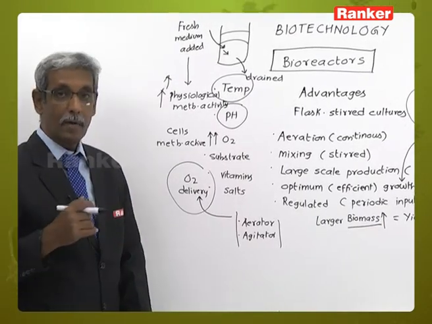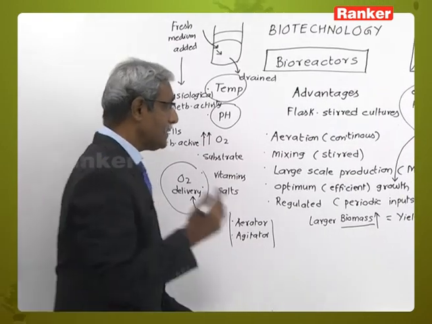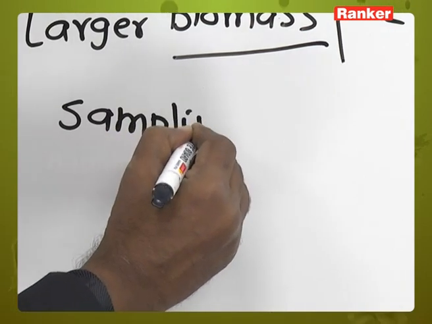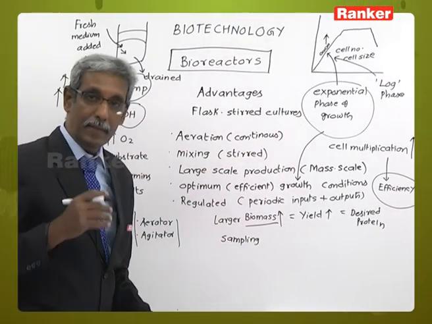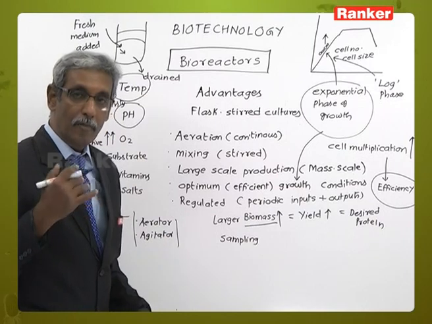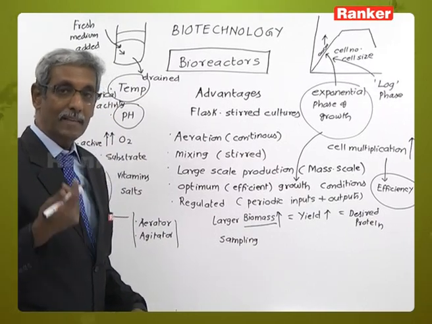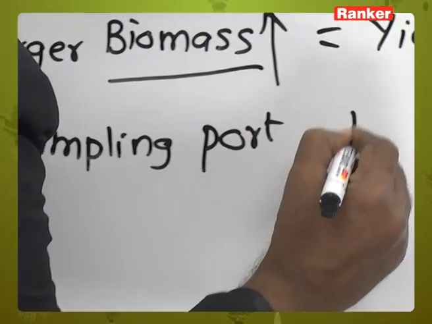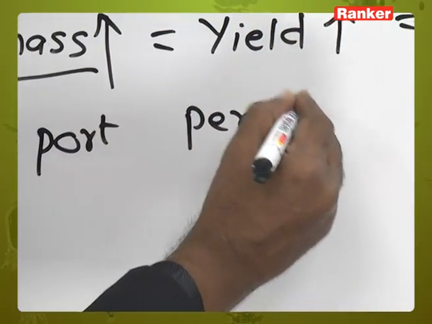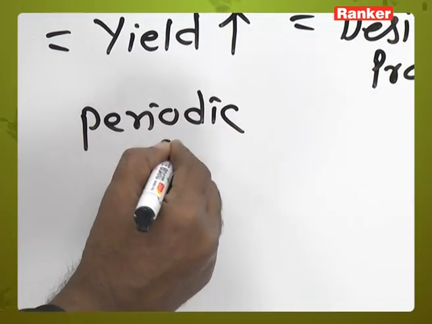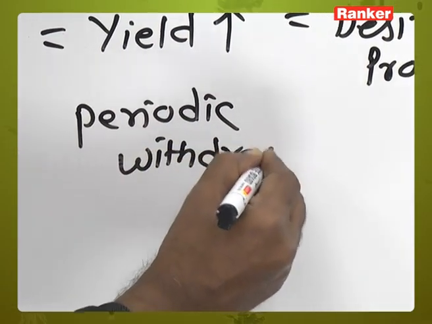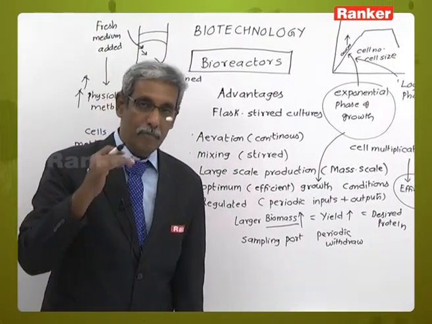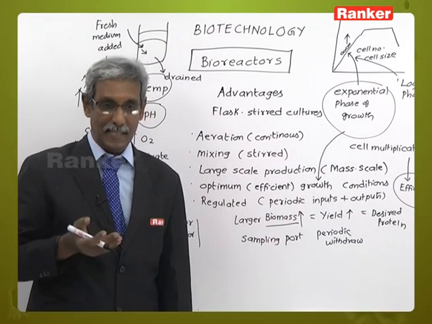Bioreactors also have a sampling port. If you recollect the diagram, they always have a sampling port from which the nutrients as well as the samples are drawn. So there is a periodic withdrawal of the samples to test in which phase of the growth are the cells.